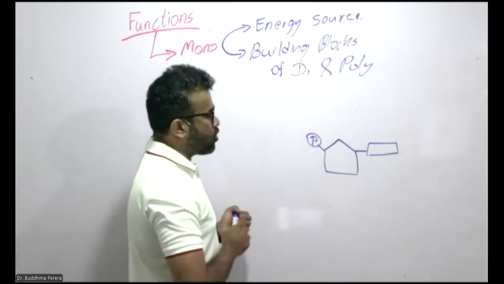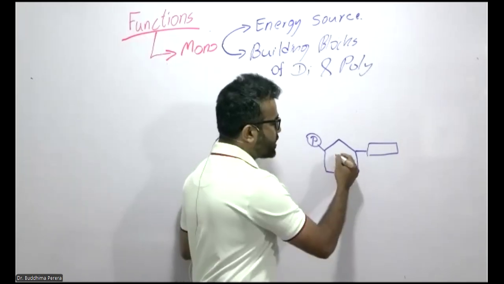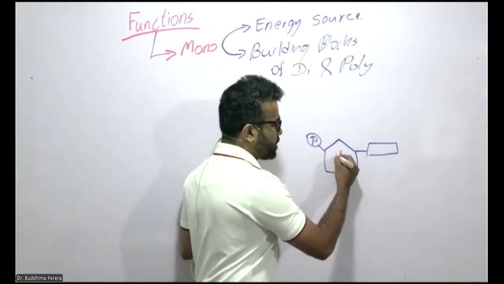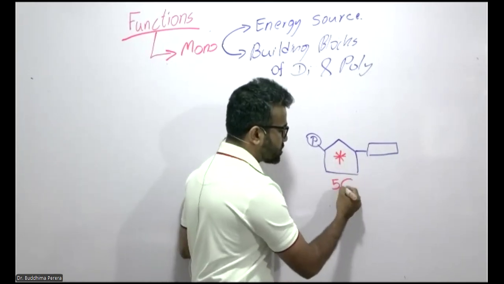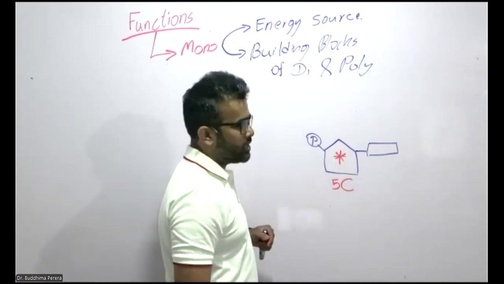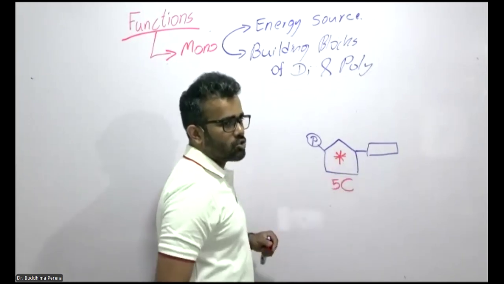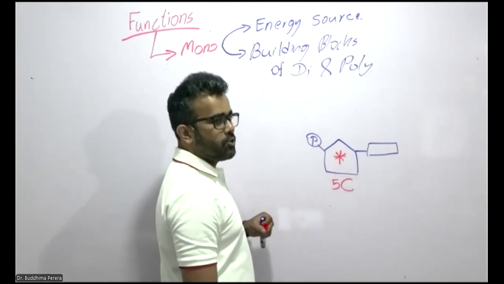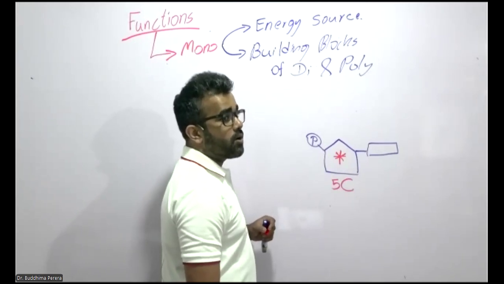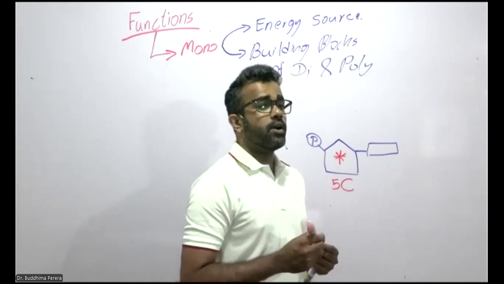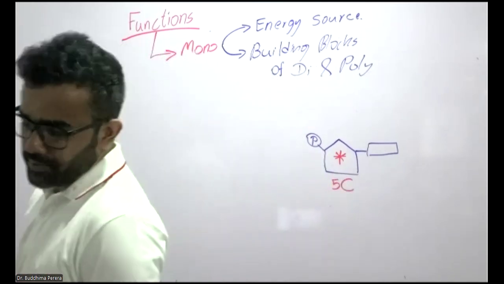This pentose sugar. Pentose means it contains 5 carbon atoms and it's a sugar. This is a monosaccharide. So monosaccharides are used for producing nucleotides, right?